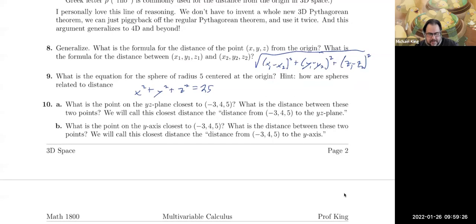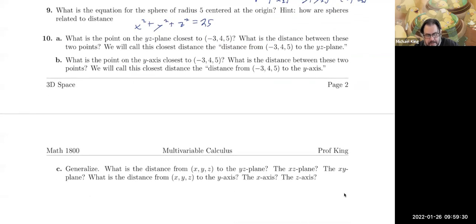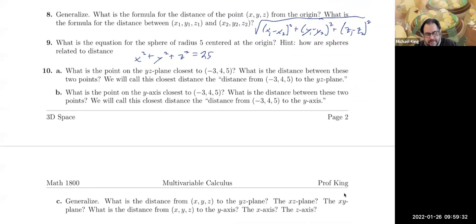I'm just going through this quickly to make sure we're all on the same page. The distance from a point to a plane is kind of a weird idea in general, but if you think of it as the closest point, then it's not too hard.